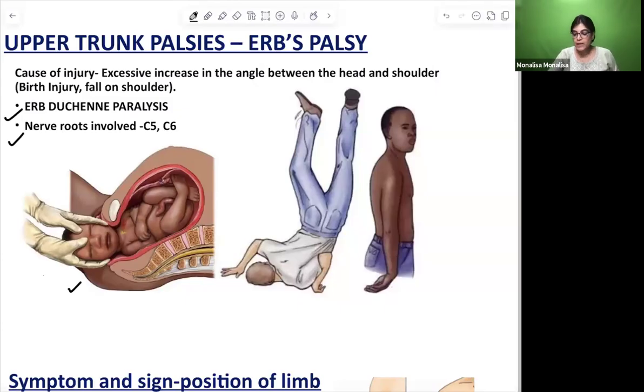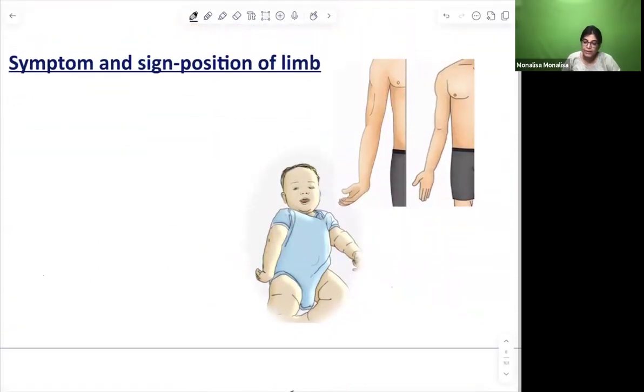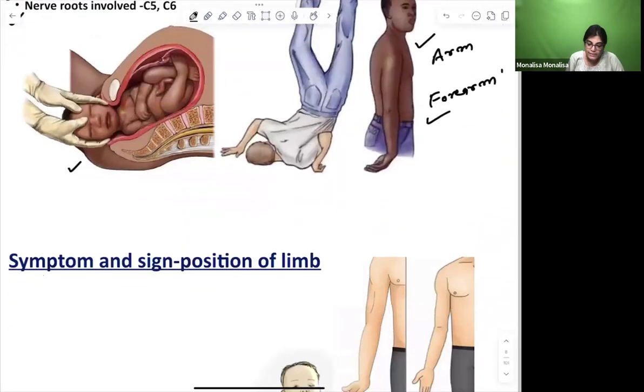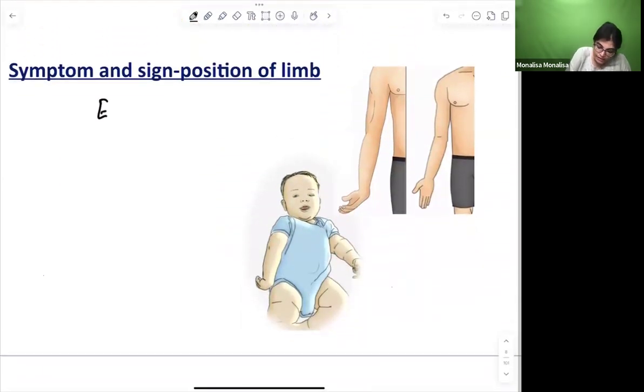In the signs and symptoms, you can see this is the position of the arm and this is the position of the forearm. The arm is towards the body, medially rotated and adducted, and the forearm is pronated and extended. In case of upper trunk brachial plexus injury, that is called obstetric paralysis.